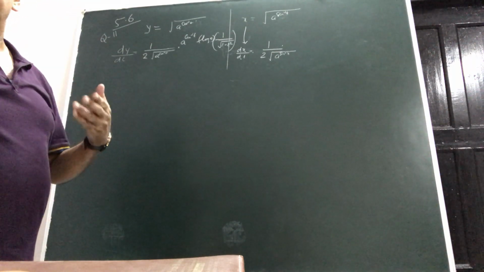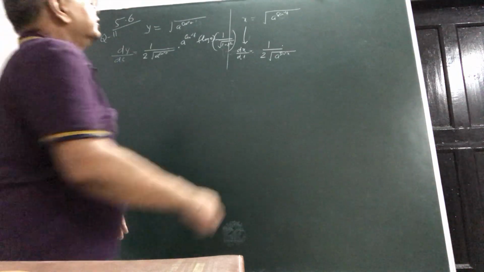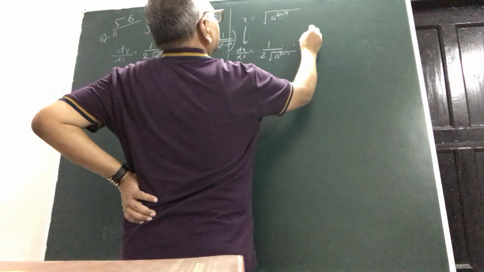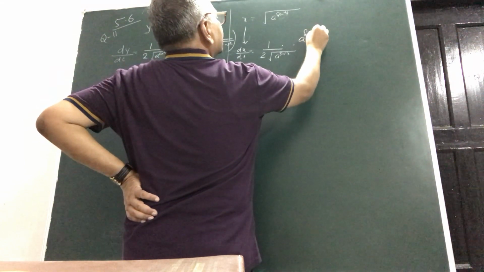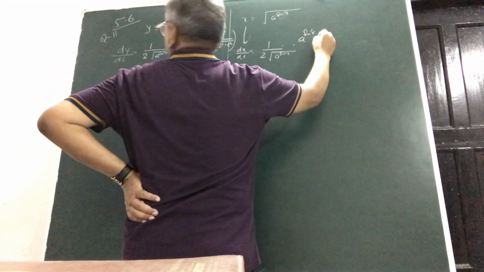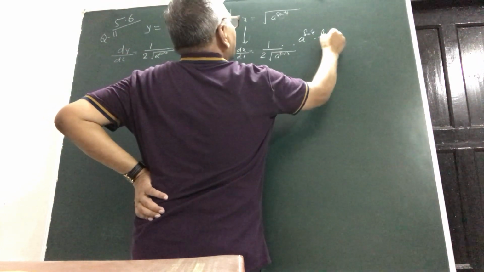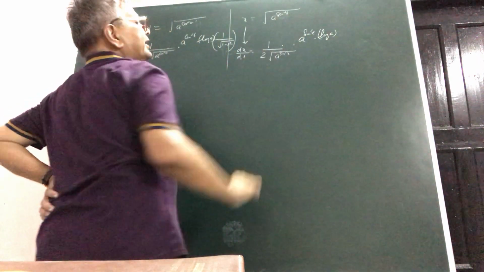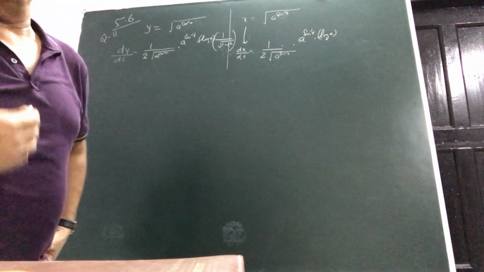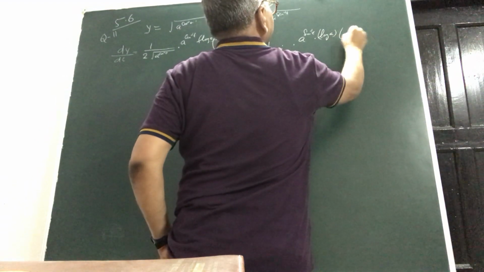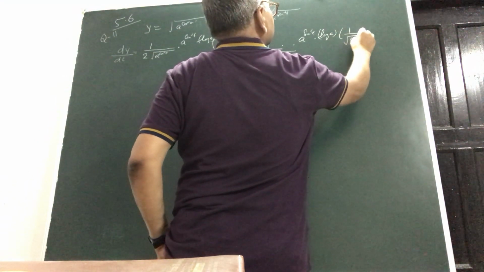A raised to power q into log of a. So with that understanding, it will be a raised to power sin inverse t into log of a, and then derivative of sin inverse t, because your internal function was sin inverse t. So that will be 1 upon under root 1 minus t square.